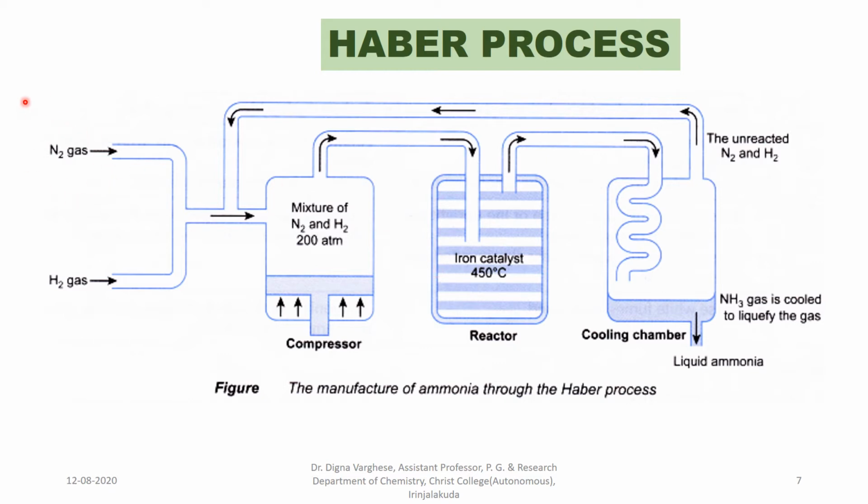The nitrogen gas derived from the air and hydrogen gas derived from the natural gas combine in the ratio 1:3, and this mixture of nitrogen and hydrogen in the ratio 1:3 is passed to the compressor first, and in this compressor 200 atmospheric pressure is used, and from this compressor it is passed to the reactor, that is actually the catalyst reaction chamber.